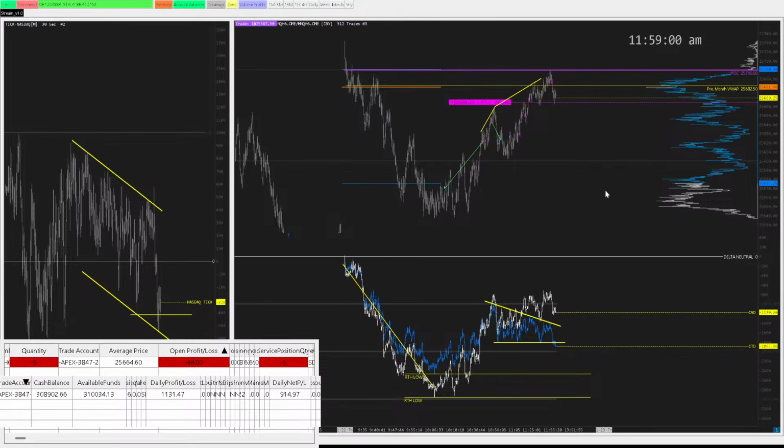So as far as holding through it, again, I look at it as kind of campaigning around a position, right? From a higher time frame perspective, this is a with-the-trend trade.